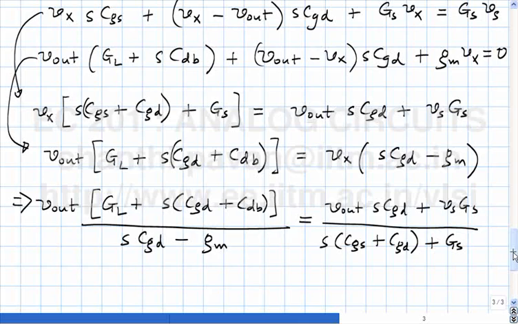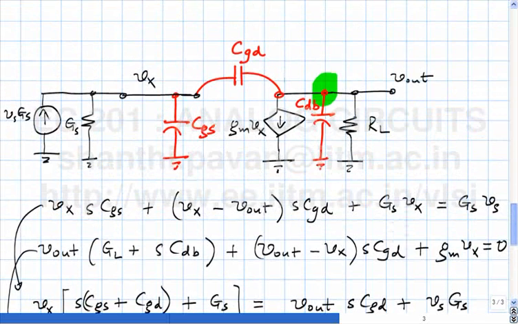Okay, we are doing all this math. Let's figure out first what we should expect at least. What do you get as a transfer function from input to output? What do you think the order of the network will be? If there were no capacitors, what would be the order? Okay. If there is one capacitor, what will the order be?